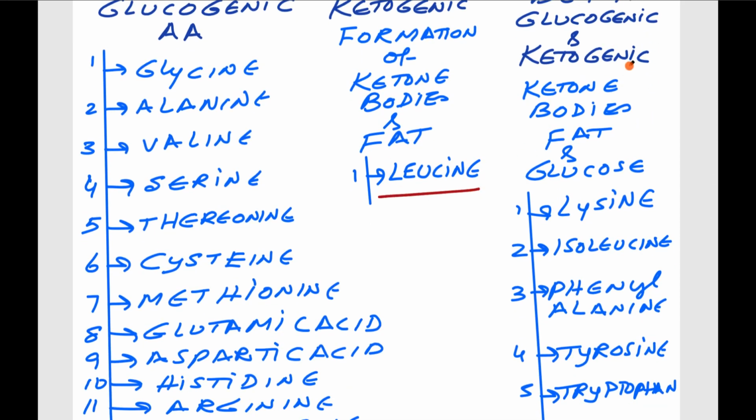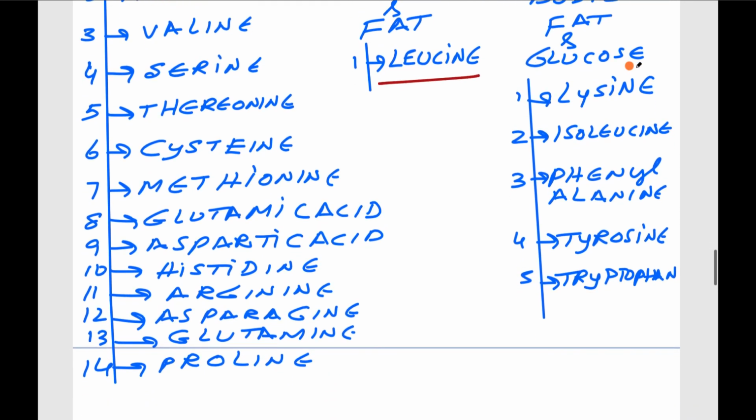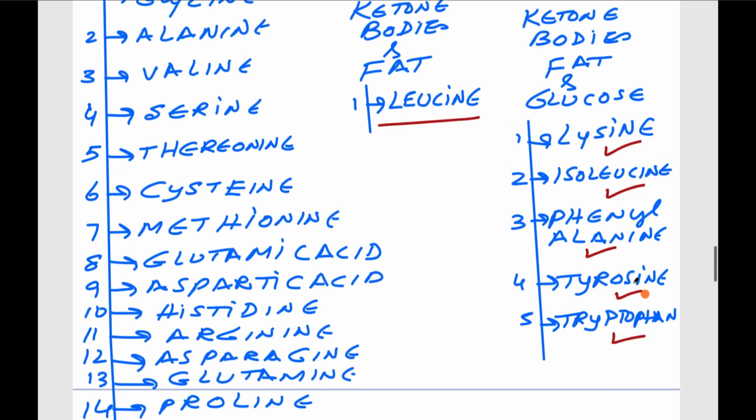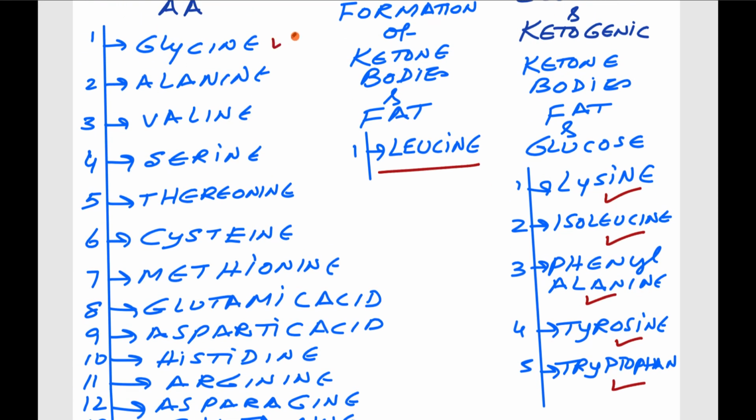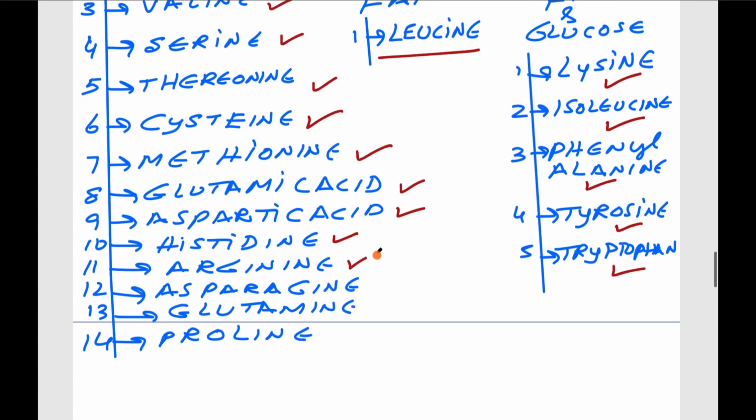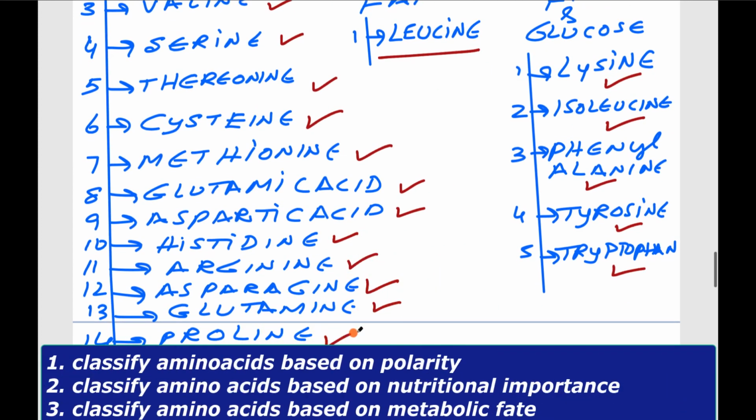And for both glucogenic and ketogenic, there are 5 amino acids: lysine, isoleucine, phenylalanine, tyrosine, tryptophan. The remaining 14 amino acids are glycine, alanine, valine, serine, threonine, cysteine, methionine, glutamic acid, aspartic acid, histidine, arginine, asparagine, glutamine, proline. They are the glucogenic amino acids.